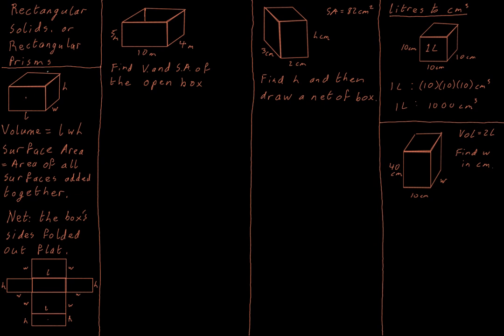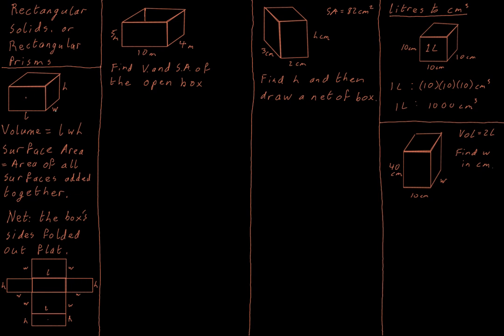And then I know that if I keep going around the box, the next one would be behind, and the last one I would draw would be the back of the box. So here would be the back of the box. By giving yourself an anchor, just saying, well, this is the surface I'm going to start with, you just trace your way around. You just walk your way around the shape, taking into account all of the different surfaces, and we don't forget the sides of the box as we're doing it.